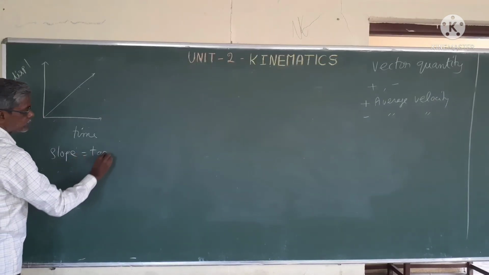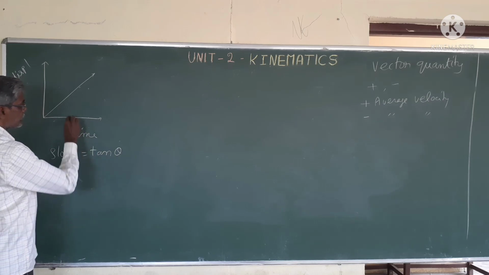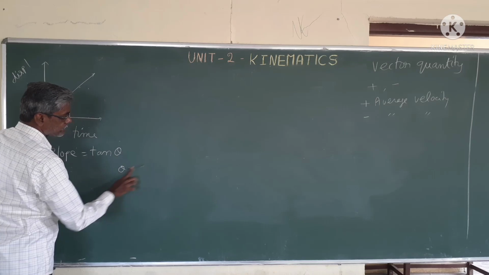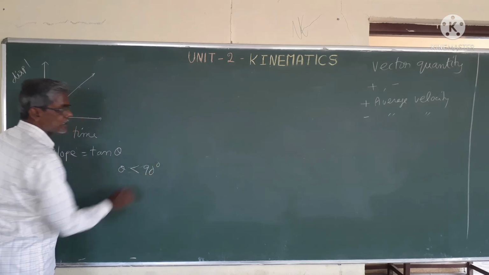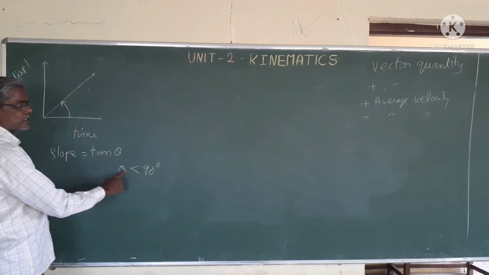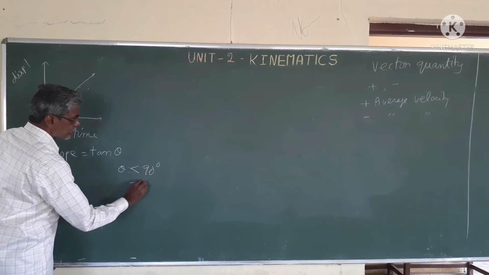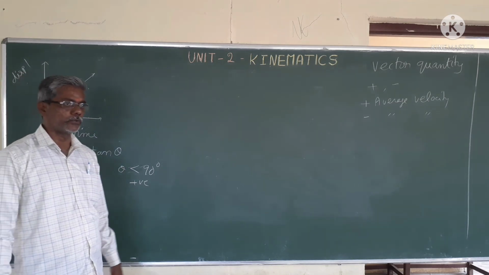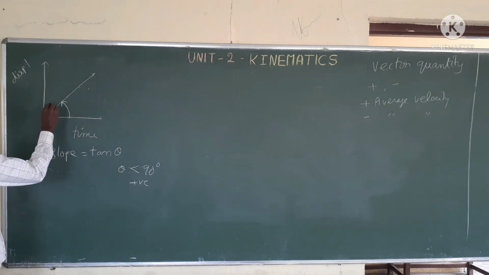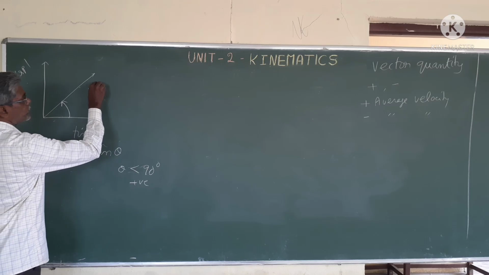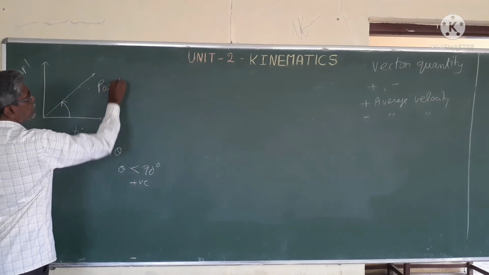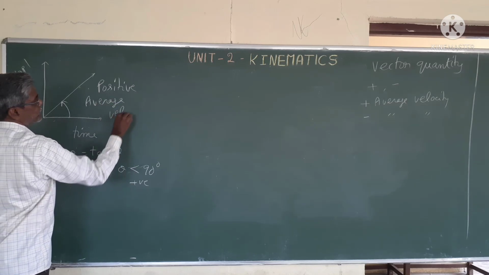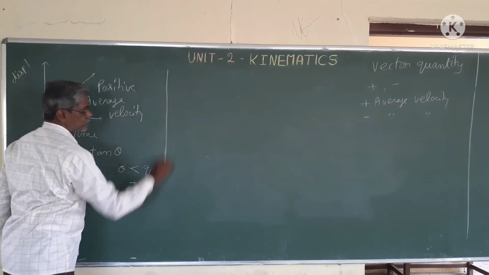Slope is equal to tan theta. Here, theta is less than 90 degree, which means it is an acute angle. Therefore, the value is positive. So I can call this graph positive average velocity.